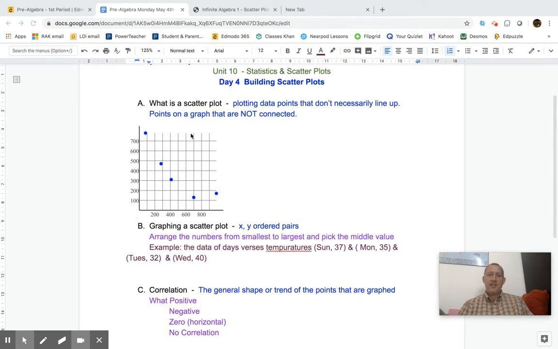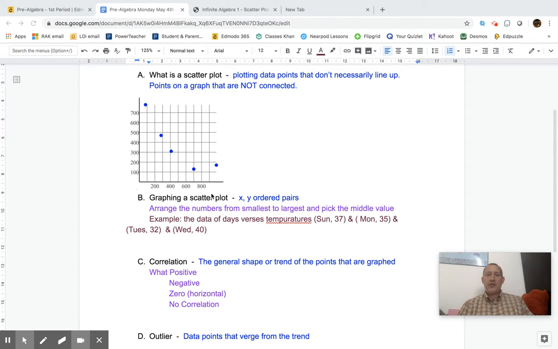Okay, so this is an example of a scatter plot. Now, how do you graph a scatter plot? You're going to look at your x and y ordered pairs. Look at this point right here. If we look at this point that's up here, it looks like it's a little over 700, like about 800. And it is right before the 100 mark down here.